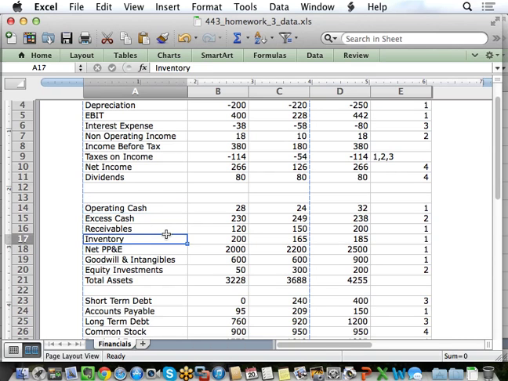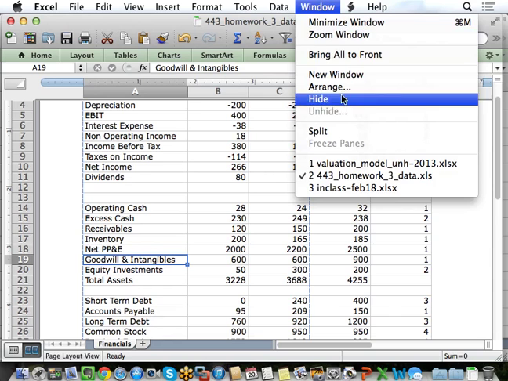Receivables are an operating asset. Goodwill and intangibles is an operating asset. So you're going to have to do, for example, a change in goodwill. All right, so just as you do a change in working capital, there's going to have to be a change in goodwill. So any changes in the ones are going to have to be accounted for, right, when you do your homework assignment. So it's all the one assets minus all the one liabilities. It's the change in that.